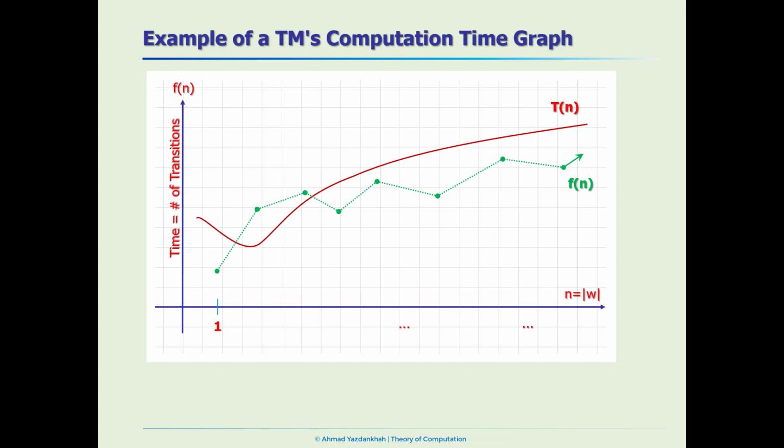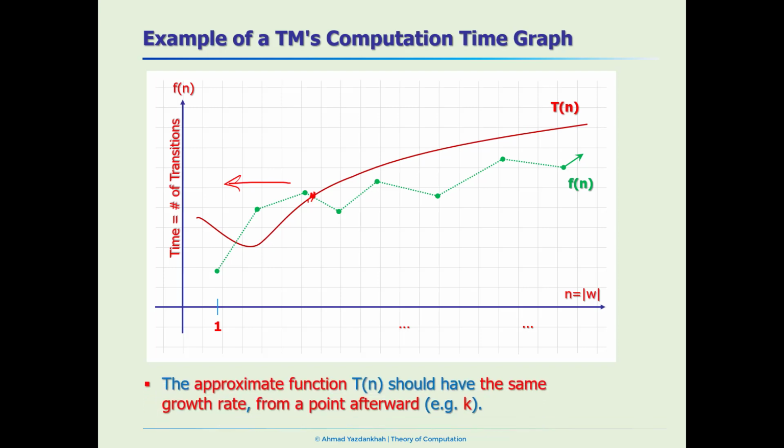As you see, for example, before this point they don't have a good behavior, but after this point they look like they have the same growth rate, right? We are looking for a function like t of n that has the same growth rate at least from a point afterward.